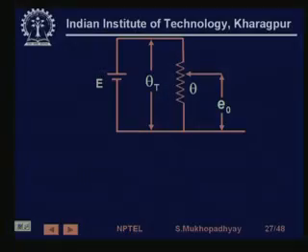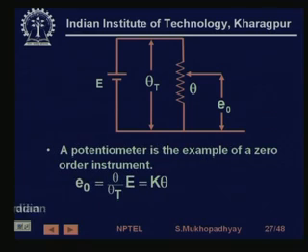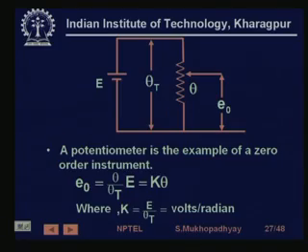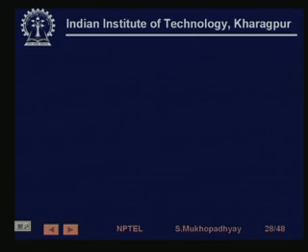So as far as the electrical behavior is concerned, it is so fast compared to that you can just assume it to be a pure resistance, and then you have what is known as a zero order characteristic. So the output voltage will be directly proportional to the displacement theta, let us say angular displacement in this case, since potentiometers can be angular as well as linear. So the sensitivity of the potentiometer is volts per radian.